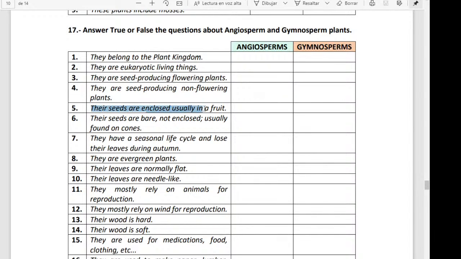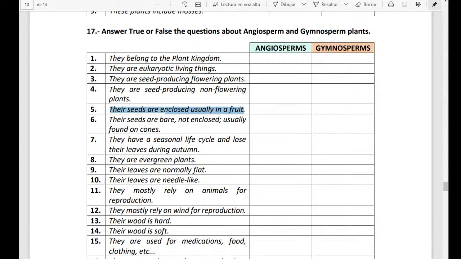Number 5. Their seeds are enclosed usually in a fruit. So they have fruits. In this case, are we talking about angiosperms or gymnosperms?